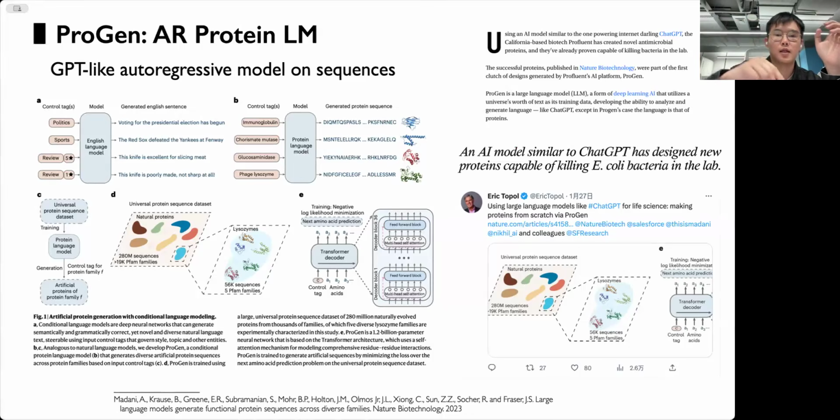This tag relates to the protein superfamily or protein family, and in inference you can use this tag to generate a protein sequence of a specific protein family. So the ProGen model generates protein sequences very much like ChatGPT, a kind of autoregressive language model.